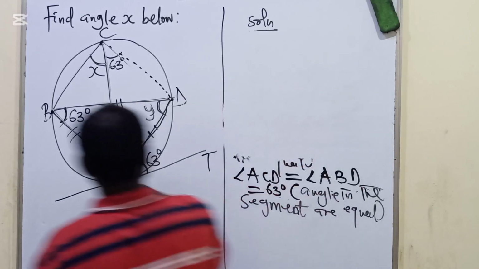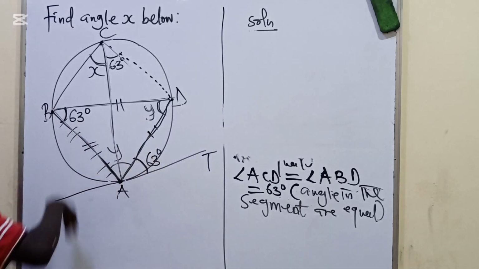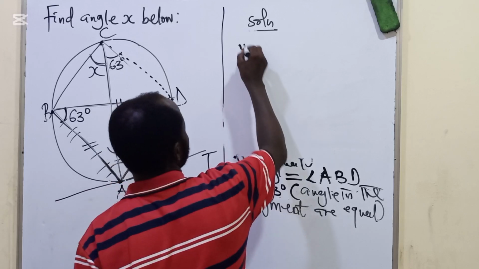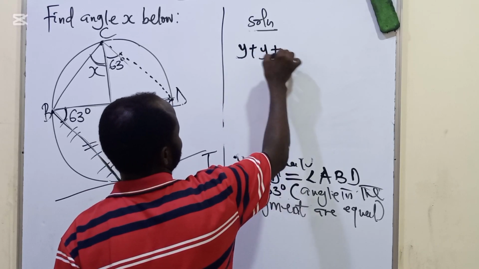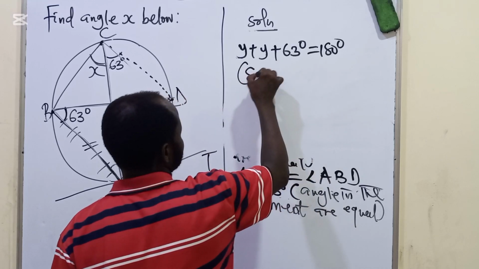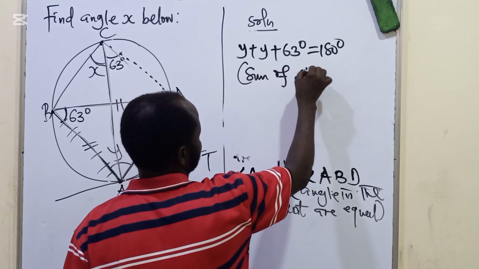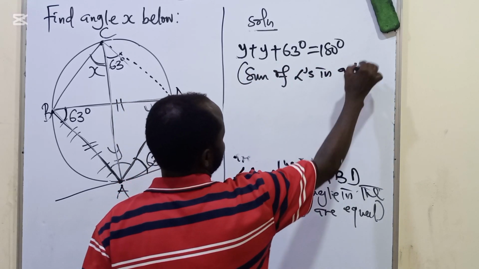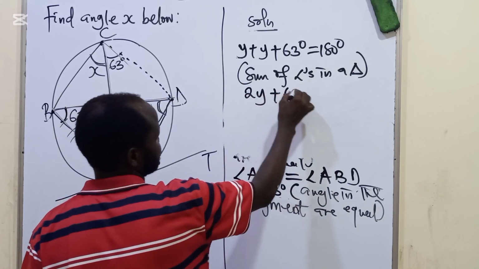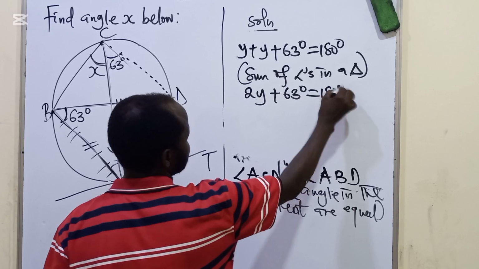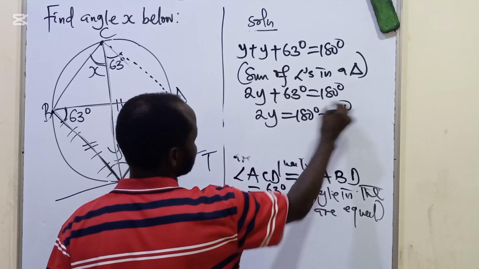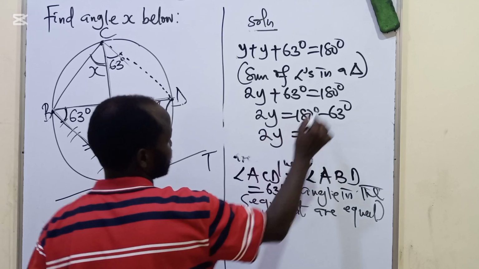Let's find y. It means y plus 63 will be equal to 180. So we can say y plus y plus 63 will be equal to 180, sum of angles in a triangle. So 2y plus 63 degrees will be equal to 180. 2y now will be 180 degrees minus 63 degrees.